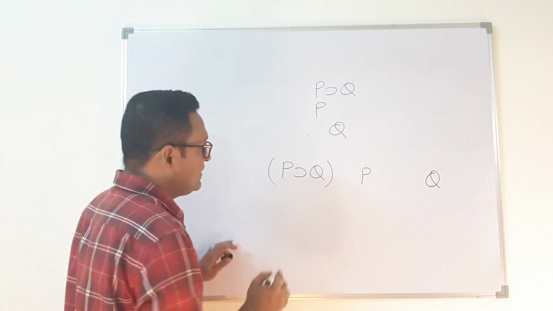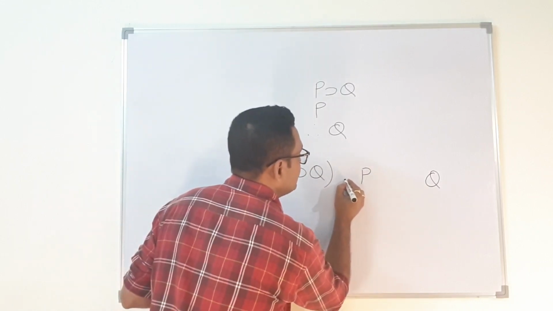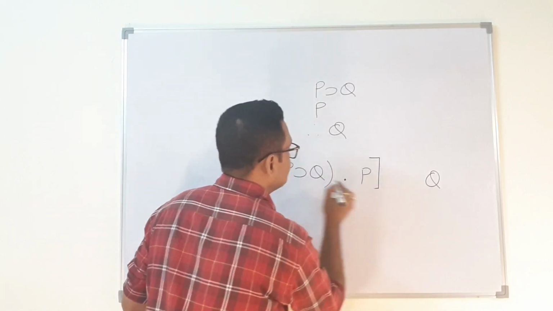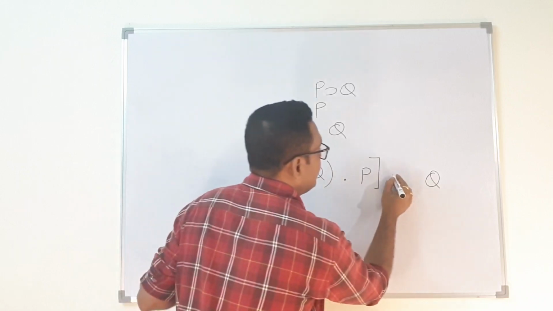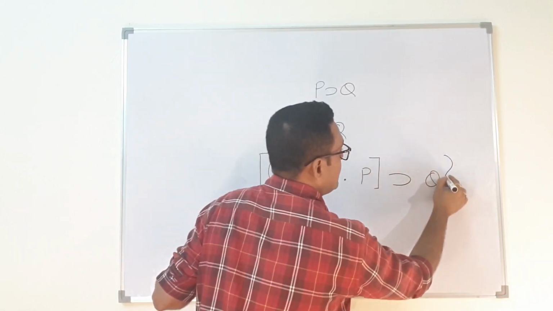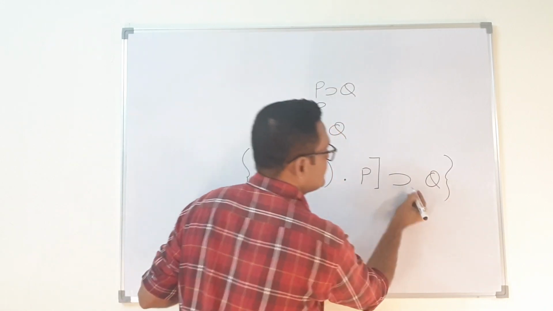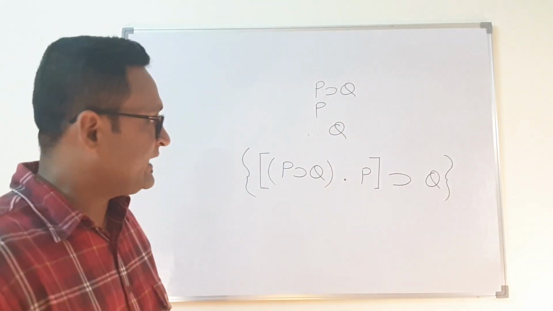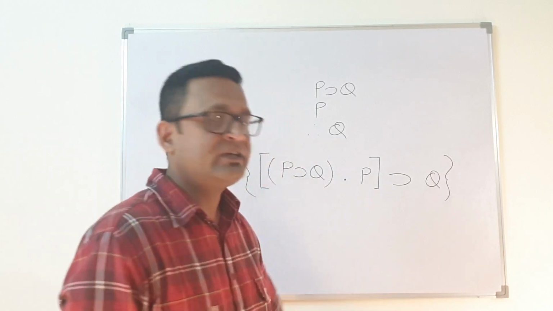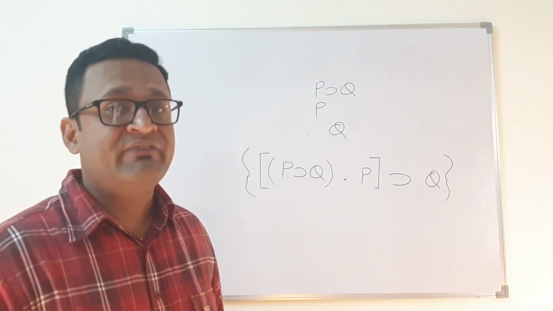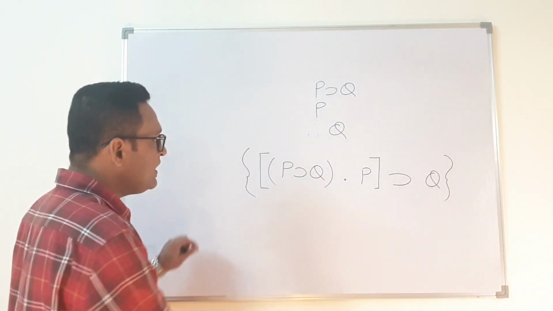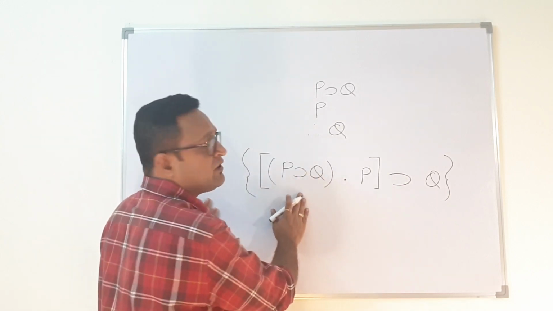I will take the conjunction of the premises, put an implication over here, and find the value of this. If it comes out to be a tautology, then this argument is a valid argument.